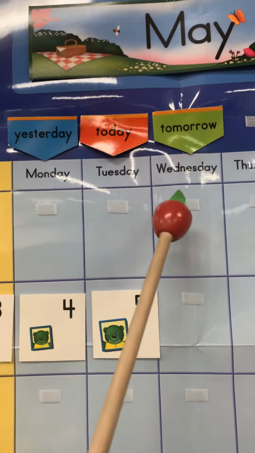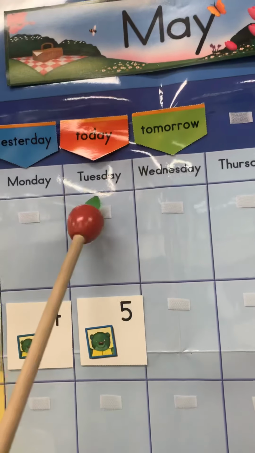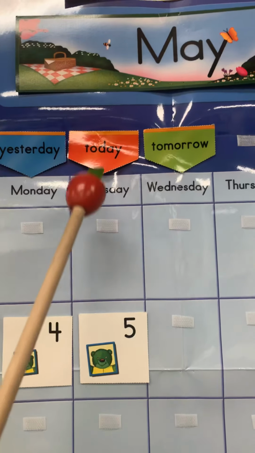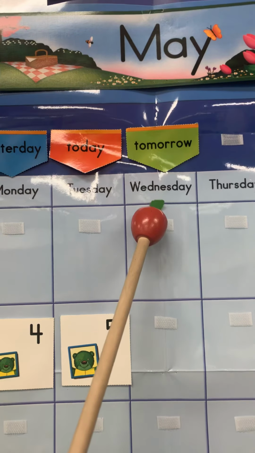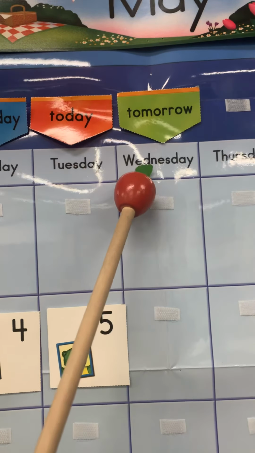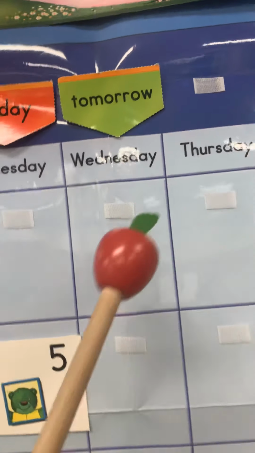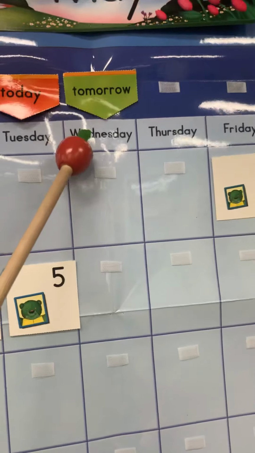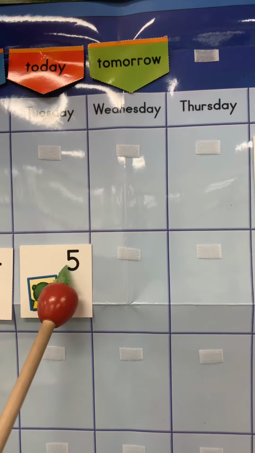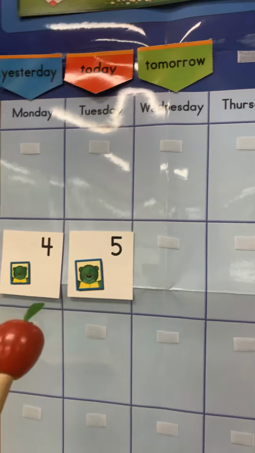Okay, let's figure out what tomorrow will be. Remember, tomorrow means the day after today. So if we're singing Sunday, Monday, Tuesday, Wednesday, Wednesday is the day that comes after Tuesday. So we know that that is tomorrow. So we know it's going to be Wednesday. What is the number that comes after 5?